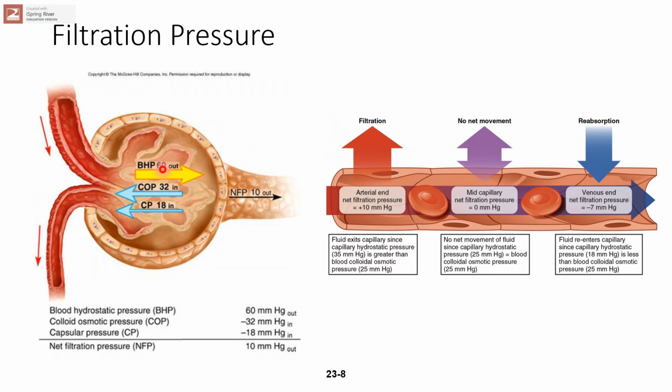So you have a lot of colloidal pressure exerted by the molecules that are stuck in the concentrated blood over here before they can be passed through. And then you have the fluid pressure of the blood. And then you have some pressure in the capsular space, right? So all of these act and contribute to the net filtration pressure in the glomerulus.